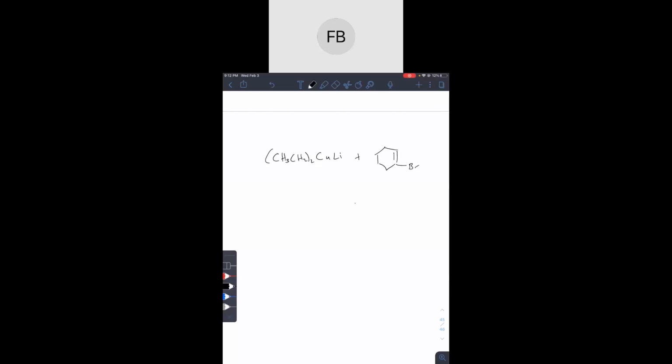So it will just look like this now. Just one of them will come and attack here, and this will leave. And what does that result in? That results in this. All right?